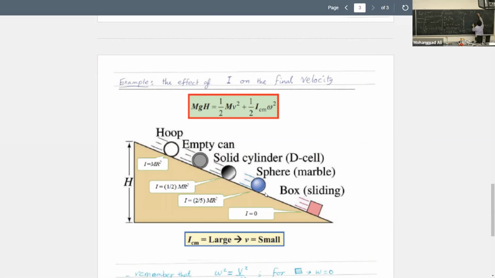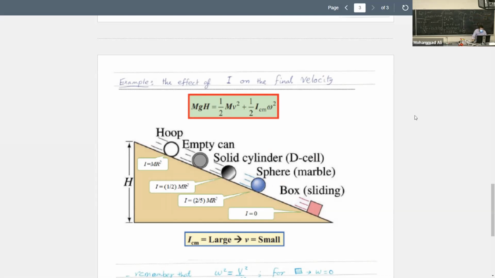If you remember, for a block, all of its kinetic energy is equal to 147. But for a sphere, it was 105 for linear kinetic energy plus 42 for rotational kinetic energy. This is a sphere, and this is a block.